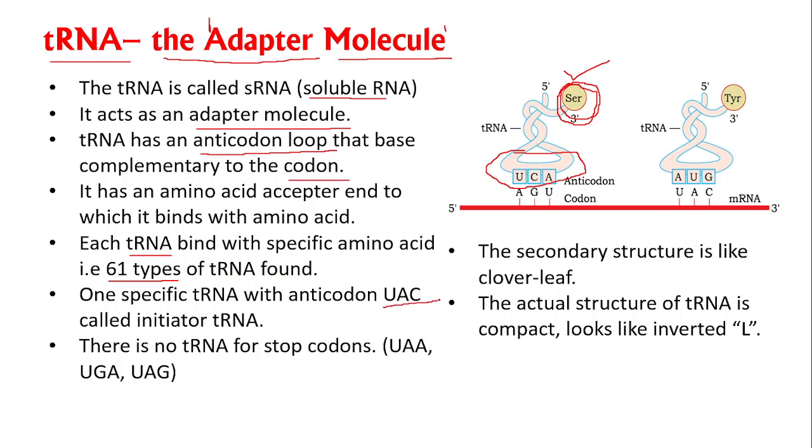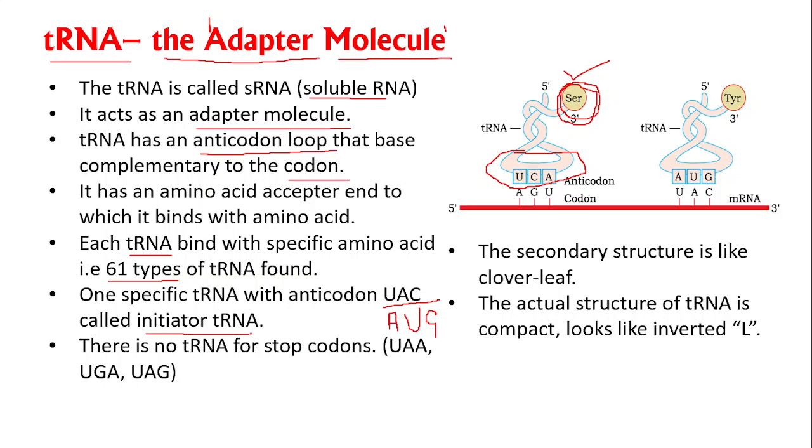Actually, the codon for this anticodon will be AUG. And for this codon AUG, the anticodon on the tRNA will be UAC. And this particular tRNA which has got anticodon UAC will be acting as initiator tRNA.